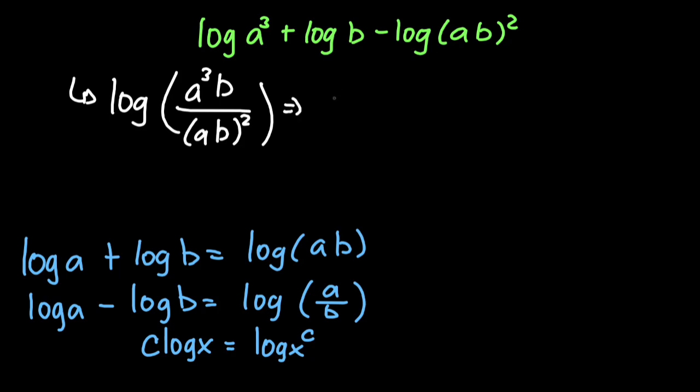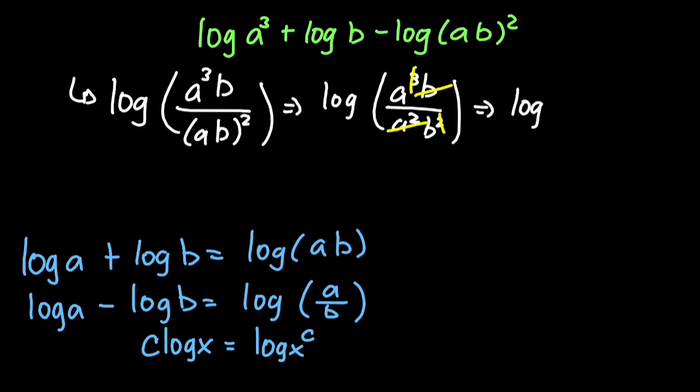So we can rewrite this as log of a cubed multiplied by b over a squared b squared. And so let's get straight to cancelling it. B here would cancel, which leaves you with b on the denominator. And a squared and a cubed would cancel, which leaves you an a on the numerator. And so your final answer would be log of a over b.